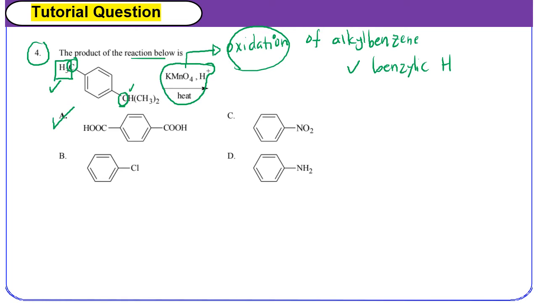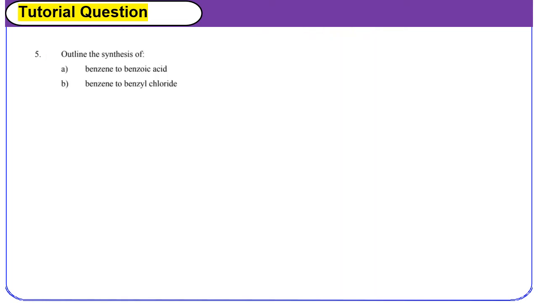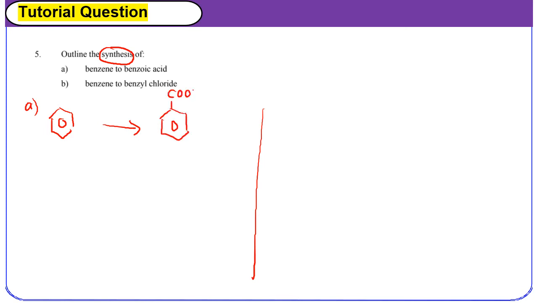Tutorial question number 5. Outline the synthesis of benzoic acid from benzene. Part A: from benzene to benzoic acid. Benzoic acid comes from the oxidation of alkylbenzene. So the benzene has to undergo Friedel-Crafts alkylation, for example with CH3Cl and the catalyst AlCl3.